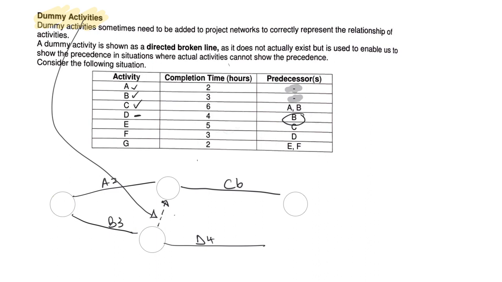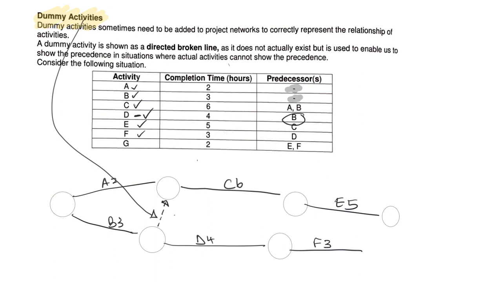Now, so that means I've got D in. E can start after C. So this is going to be E, and E is 5. So I've got E in there. F can finish after D. So I'm going to do that. I'm going to put a circle there just in case I need one there. So then I have F, and F is 3. So that's F in.